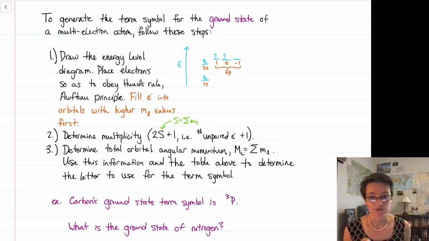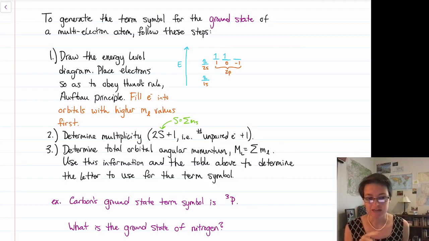Secondly, I need to determine the total orbital angular momentum, which means that for each electron, I'm going to sum up the m sub L values. For my s orbitals, m sub L is equal to 0, so I don't really need to worry about that. And looking at my electrons that are in the 2p orbitals, I have one electron that is in m sub L equals 1, and one that's in m sub L equals 0. So 1 plus 0 is equal to 1.